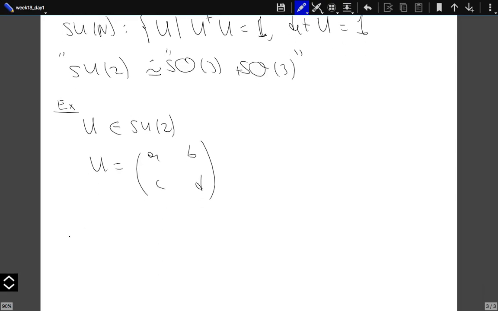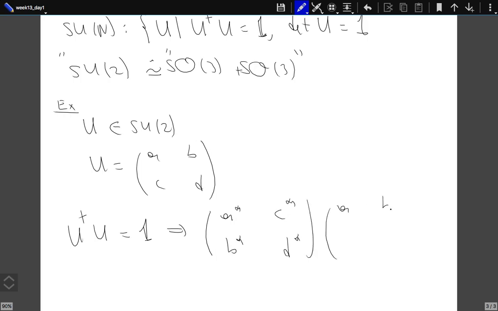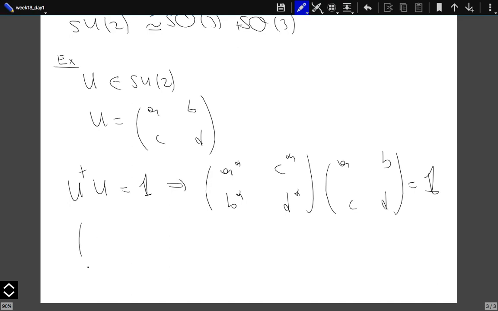So what we want is U dagger U. This should be the identity matrix. So this tells me that A star, C star, B star, D star multiplied by A, B, C, and D, this should be 1. Or if you do that matrix multiplication, you will get |A|² plus |C|². This is the 1, 1 element.